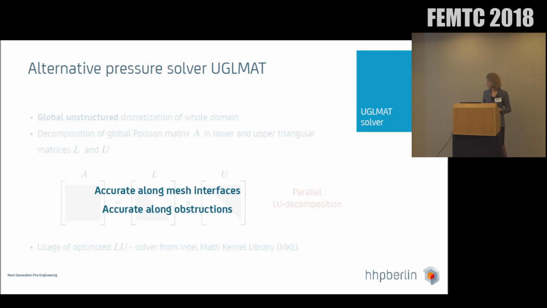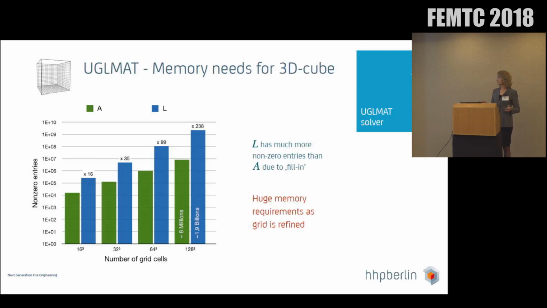And those matrices are distributed over your computing system. And because we talk about a global and an unstructured solver, it's fine along mesh interfaces and along internal obstructions. There are no errors. But there is nothing good without something bad.